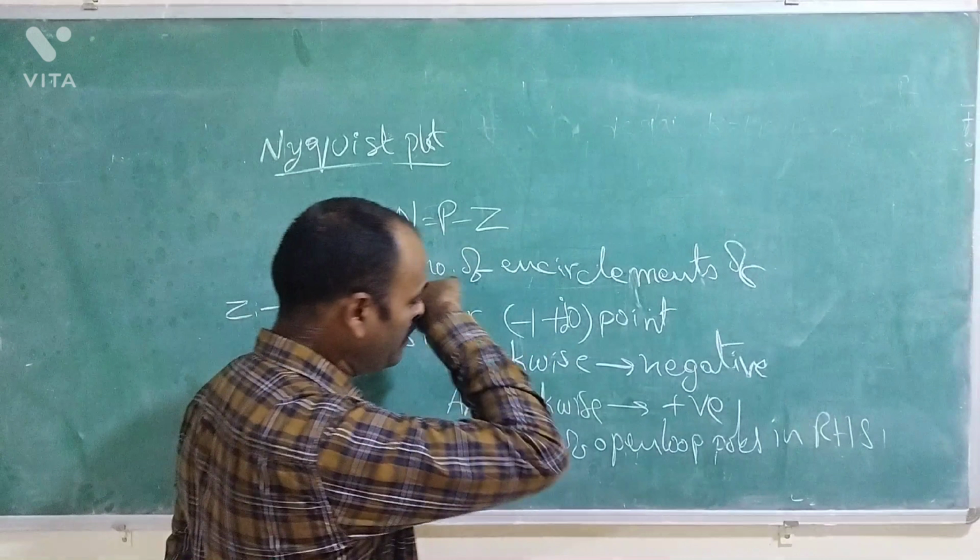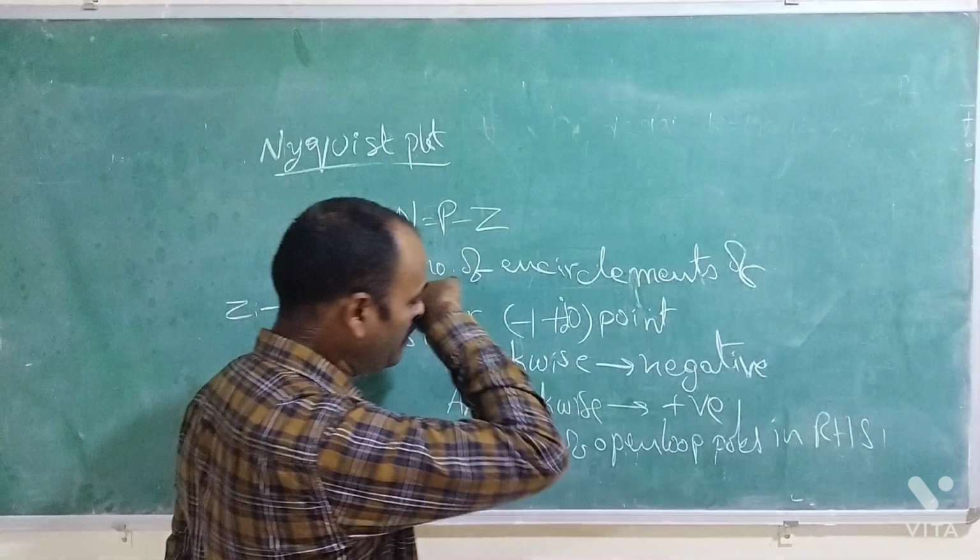Let us solve one example. We draw the Nyquist plot and test for its stability by drawing the polar plot first. From the polar plot, we draw the Nyquist plot. Let us consider one example. The given open loop transfer function G(s)H(s) is equal to (s plus 2) by (s plus 1) into (s plus 3).